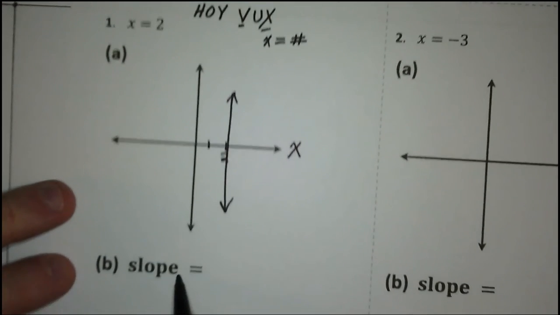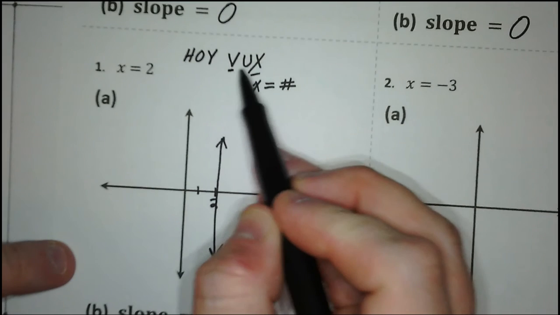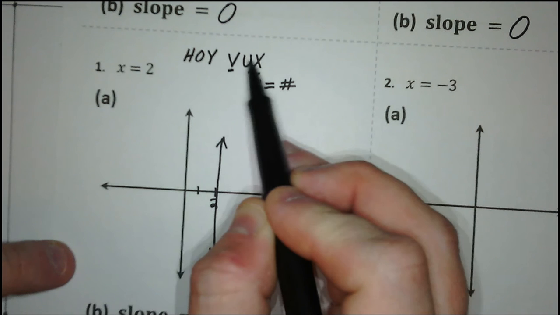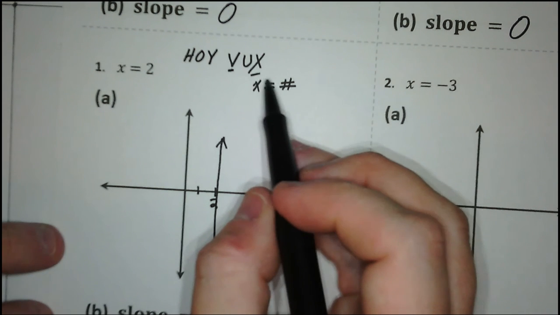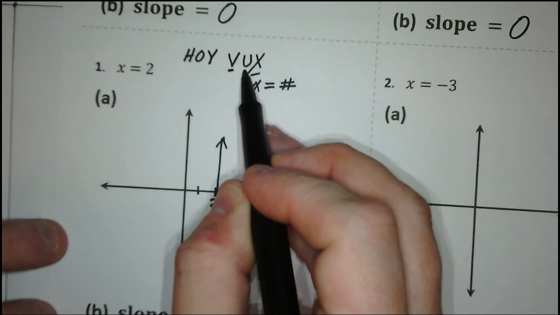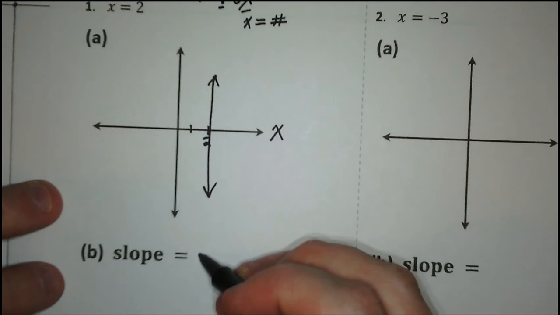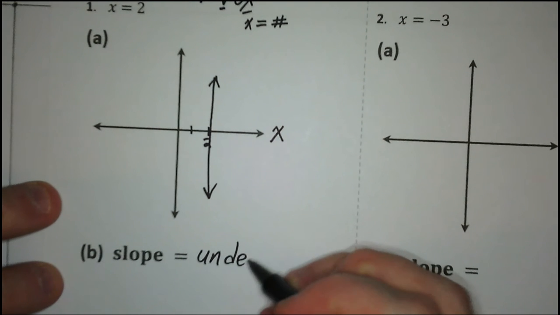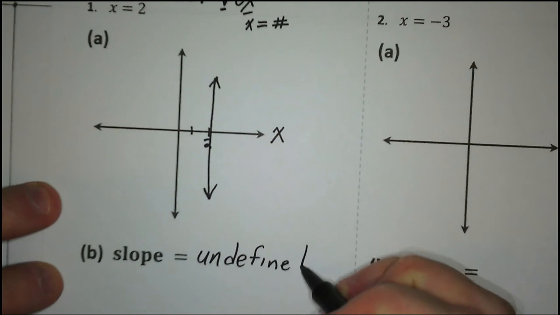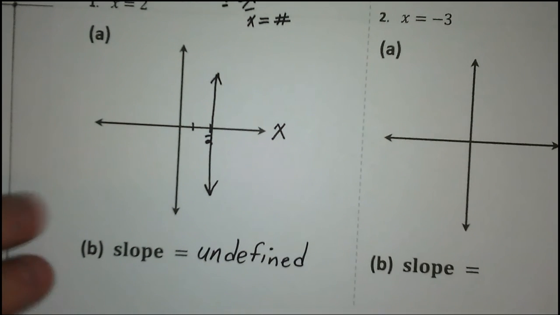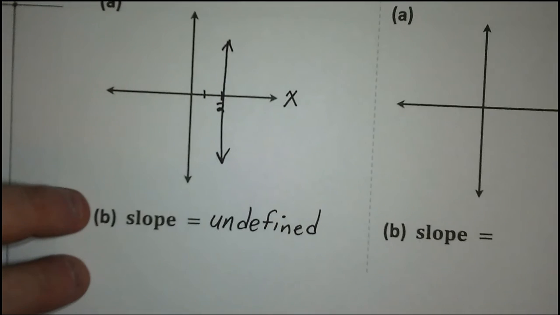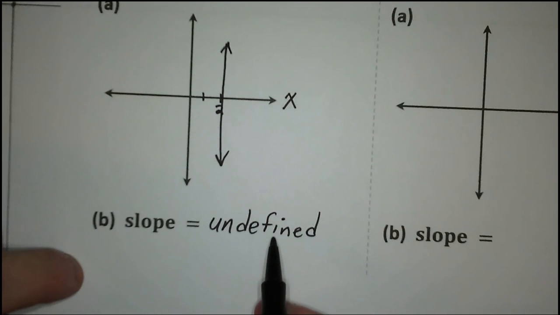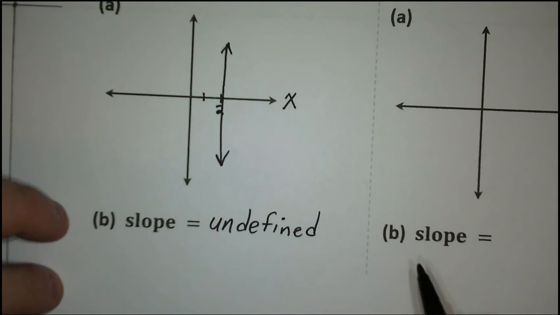As far as your slope goes, likewise here, this u is a reminder of what your slope is. This u stands for undefined. In a very interesting plot twist, vertical lines don't actually have a slope. The slope doesn't exist.